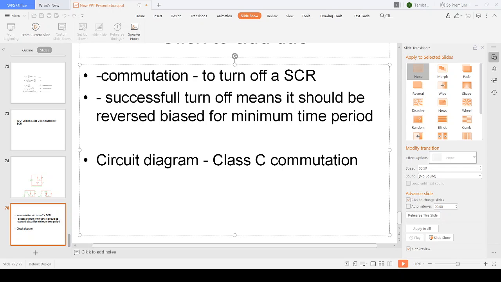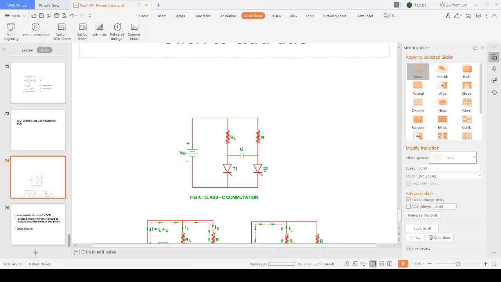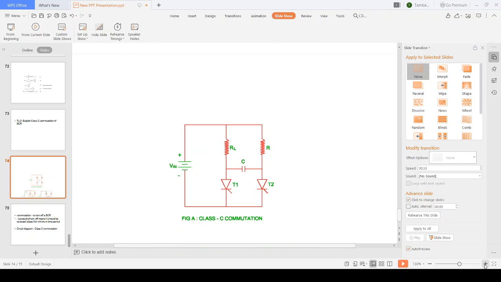Class C commutation is also called complementary voltage commutation. So here you can observe the circuit diagram of the Class C commutation circuit. Please observe this diagram carefully.